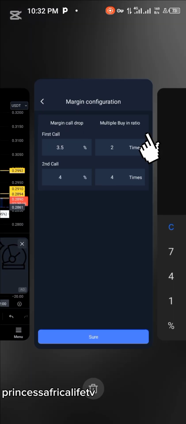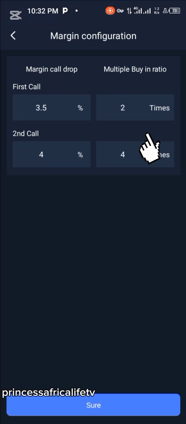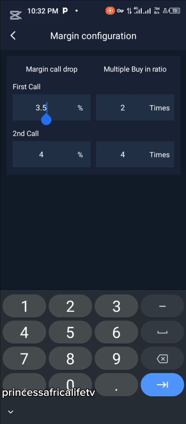Now this is where we're going to be placing it. Remember, our margin call drop was what? 1%. That is minus 1. So in case this market, we're going to divide that 1% into 2. So we're going to be saying if this market goes down by 0.5, this bot should buy, and this multiple buy-in ratio should buy 1.16.